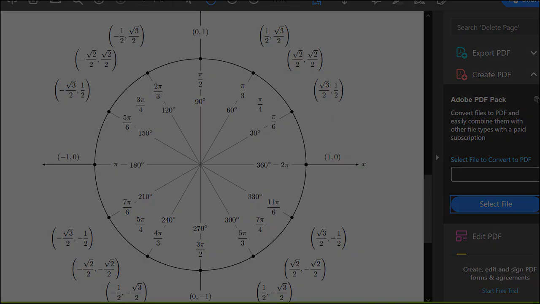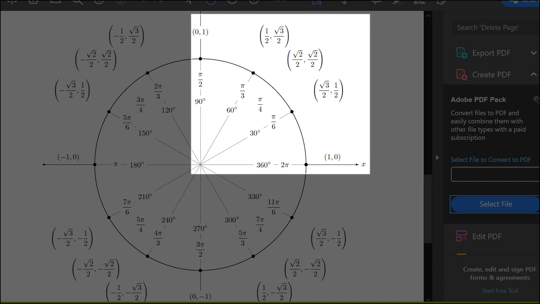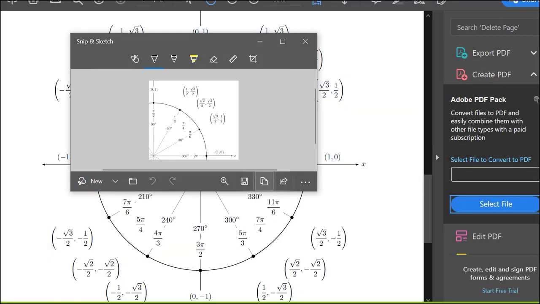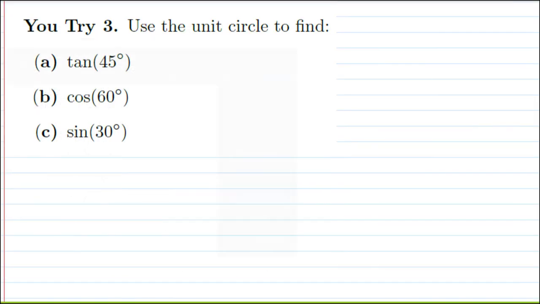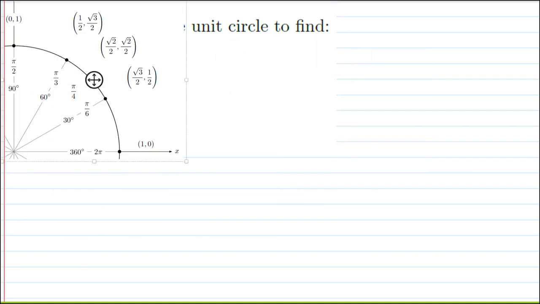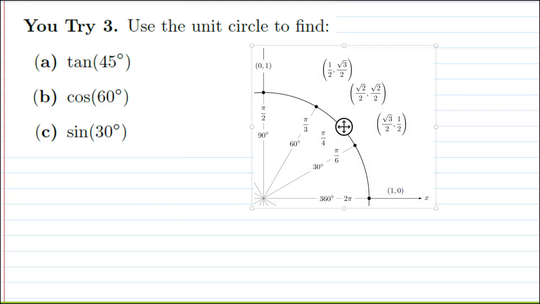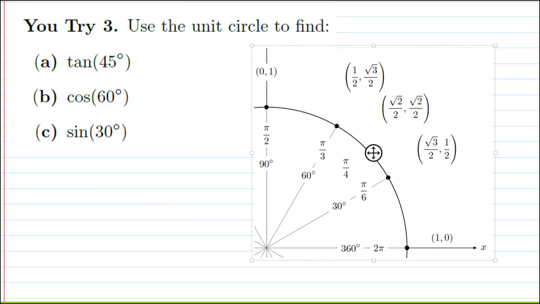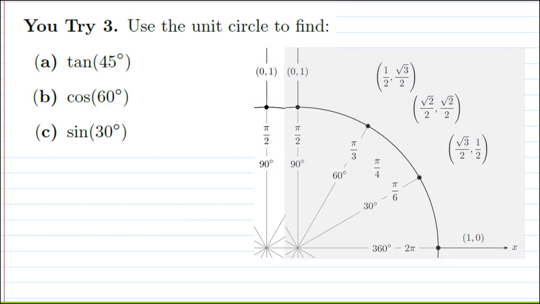So 45 degrees is right between 60 and 30, so right here. I'm just going to take a clip of the first quadrant of my unit circle. I want to find the tangent of 45 degrees.